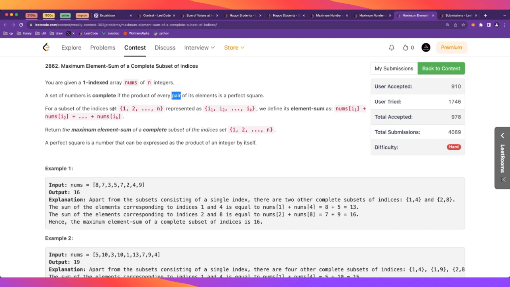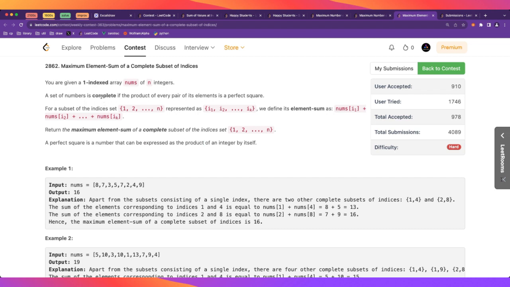Because again, it's a subset of indices, but the element sum is the values in this array corresponding to those indices, and we're asked to return the maximum element sum of a complete subset of the indices set.